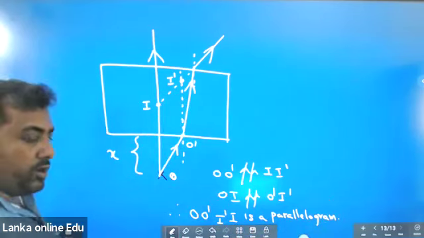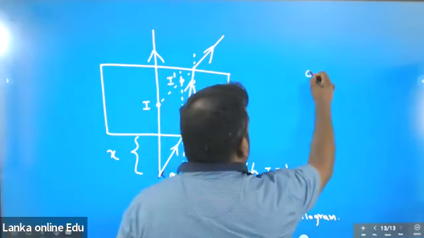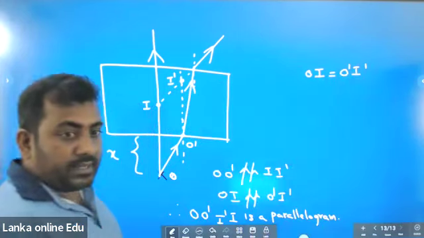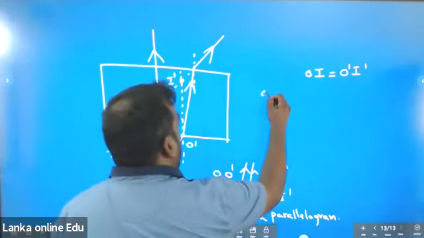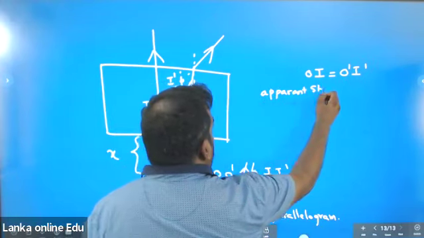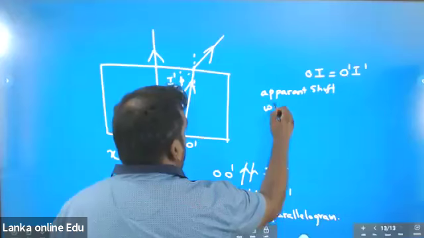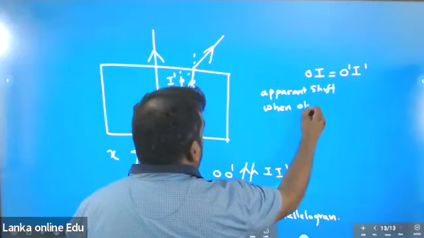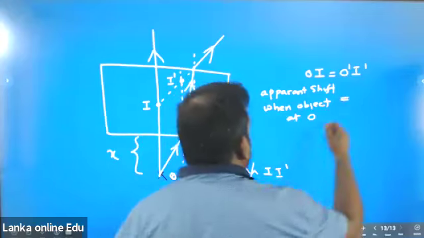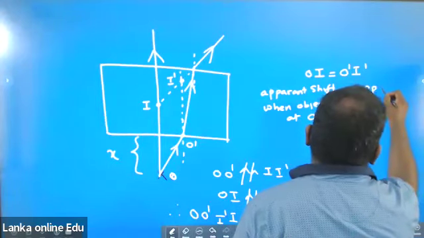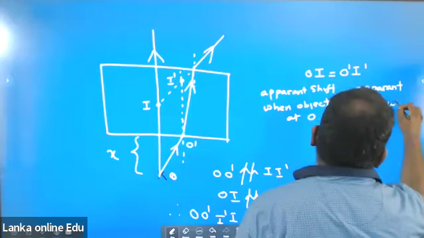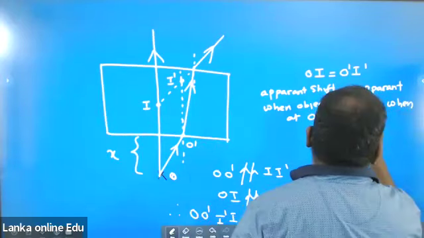If it is a parallelogram, OI is equal to O dash I dash. What does that mean? The apparent shift when the object is at O equals the apparent shift when the object is at O dash.